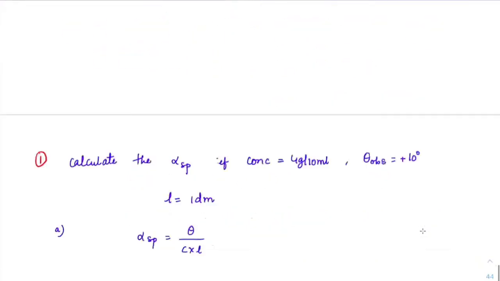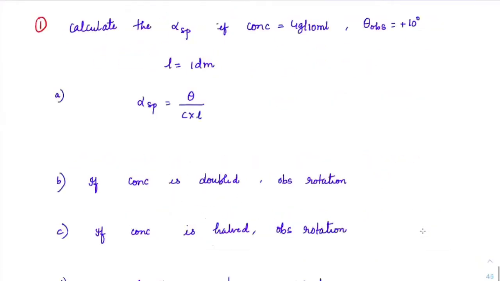Clear? Now suppose you were to calculate the specific rotation if concentration and theta observed are given, and length is given. How do we calculate? Specific rotation is equal to theta by concentration into length. Theta value is 10 degrees, divided by concentration given as 4 gram per 10 ml, correct?